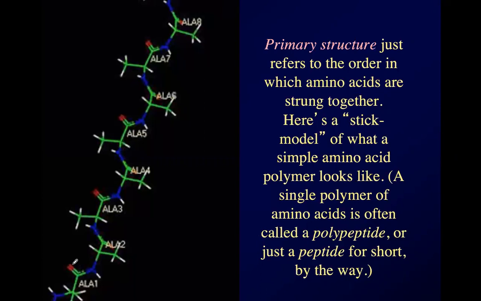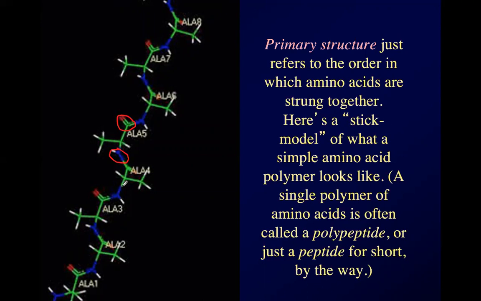Primary structure is just the order in which you stick amino acids together one after the other. In this particular model, carbon atoms are represented as green sticks, and oxygens are represented by red sticks. So that's a carboxyl group, and that's the amino group of one amino acid.